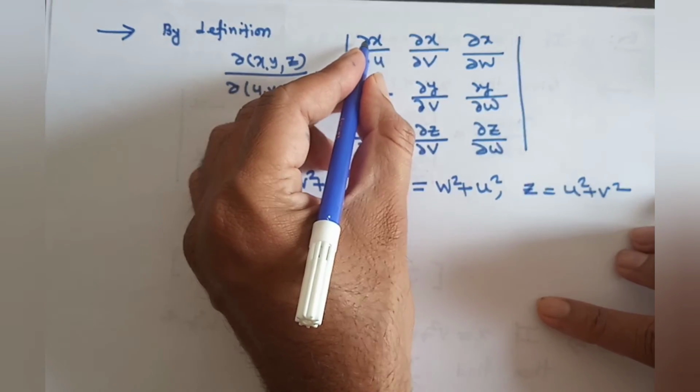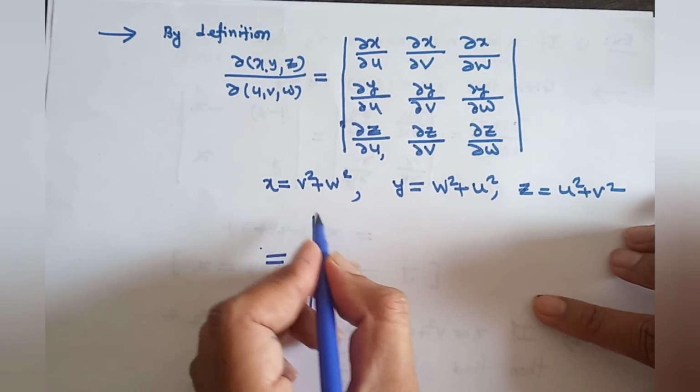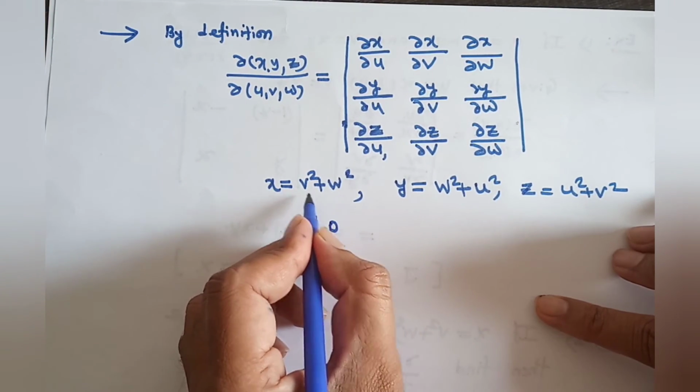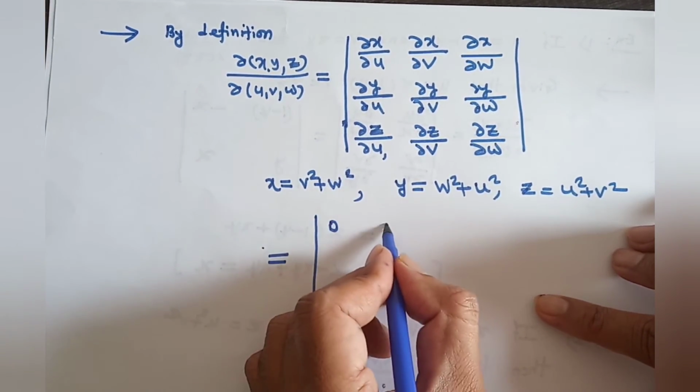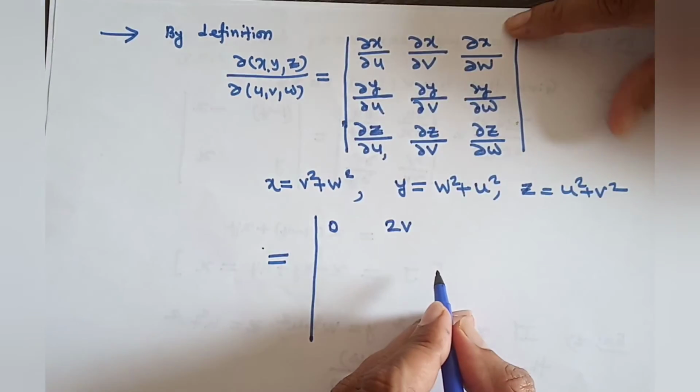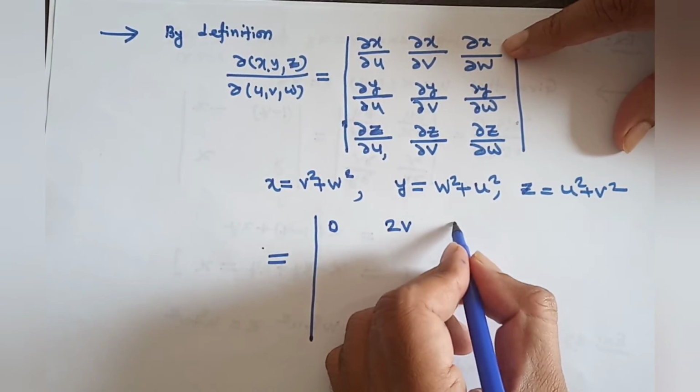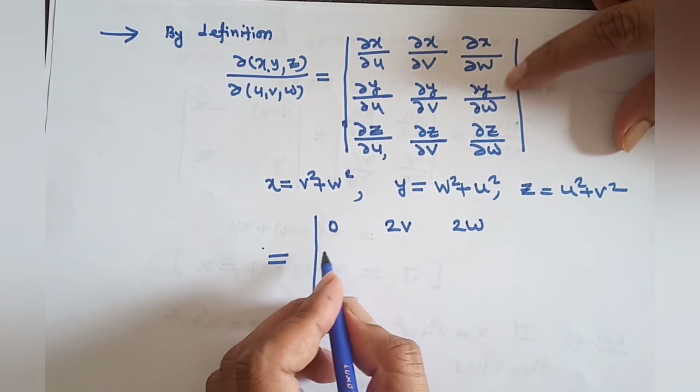First, partial derivative of x with respect to u is 0. Partial derivative of x with respect to v is 2v, and partial derivative of x with respect to w is 2w.